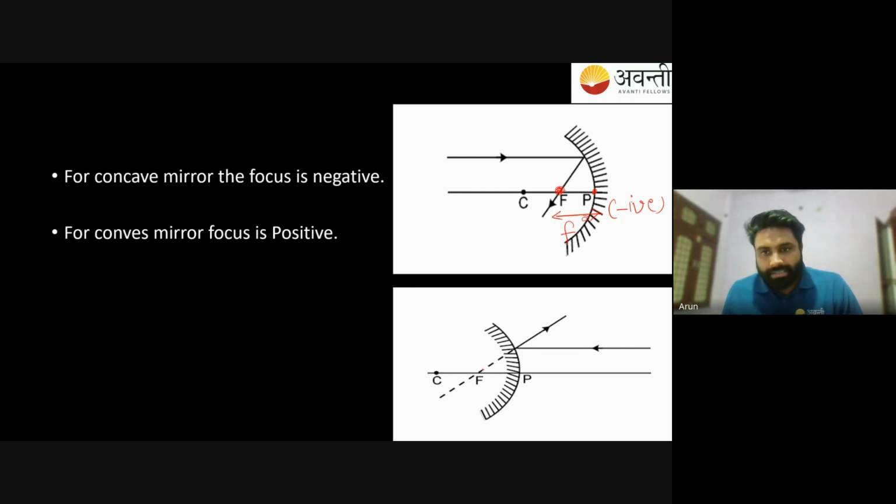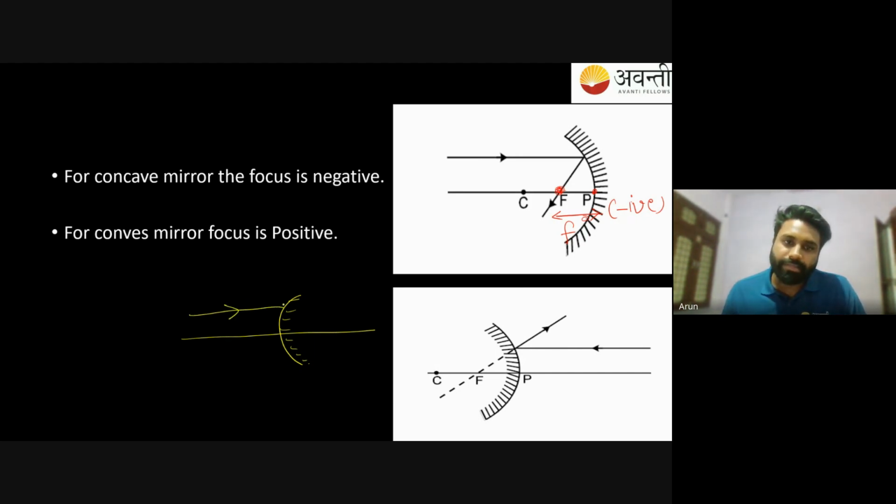But for the convex one, I will draw it for you like this, just a second. Yeah, this is the convex mirror that we have. This is the principal axis, and this ray is coming parallel to the principal axis. After reflection it goes in this direction.